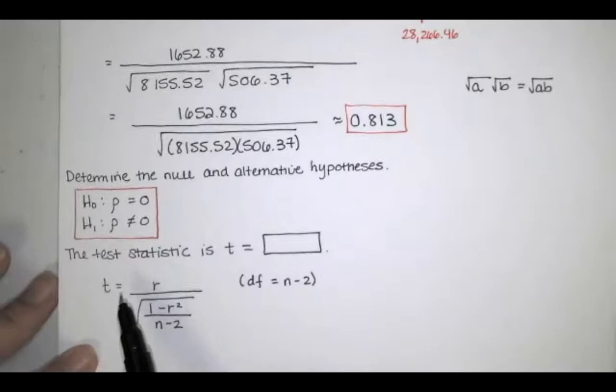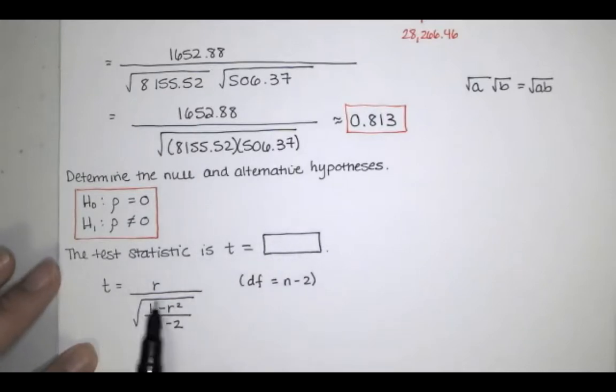Now we want to know, well, how extreme is that R value? Given that R is distributed with a distribution that can be approximated by a student t-distribution. So we're going to use this formula in order to calculate the t value corresponding to R with n minus 2 degrees of freedom.